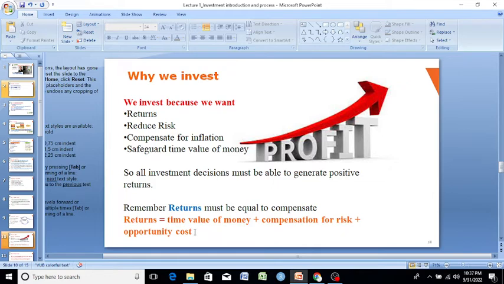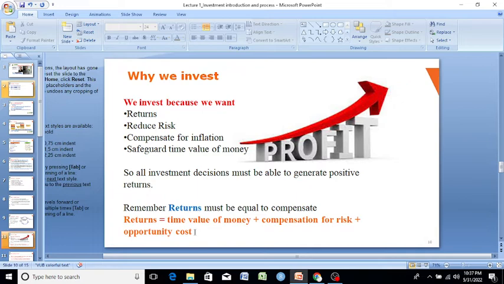It is a very important concept to understand here, as it helps us measure the returns from an investment. How much should be the return from a specific investment? The answer lies in three basic terminologies. A return must be enough to cover the time value of money.